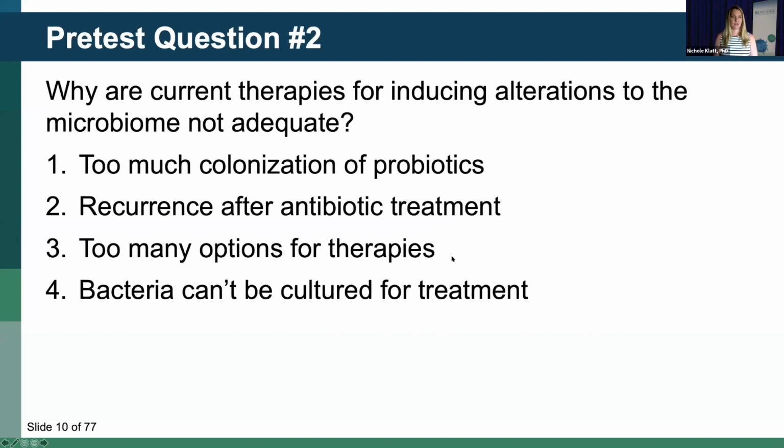Another pretest question: why are current therapies for inducing alterations to the microbiome not adequate? Too much colonization of probiotics, recurrence after antibiotic treatment, too many options for therapies, or bacteria can't be cultured for treatment.